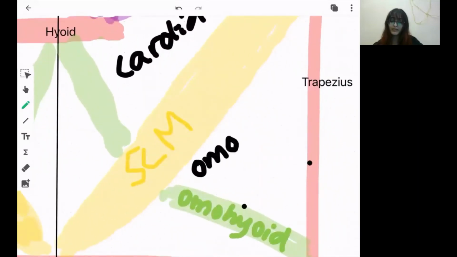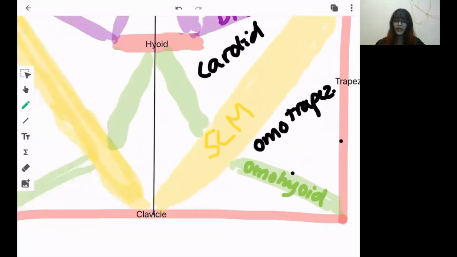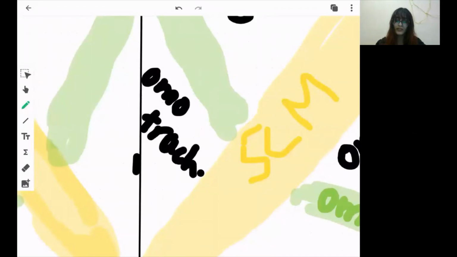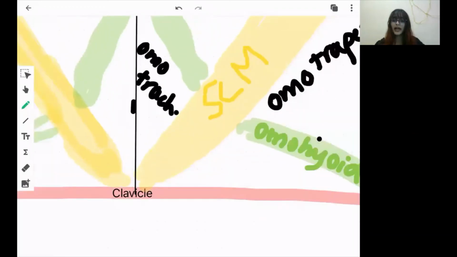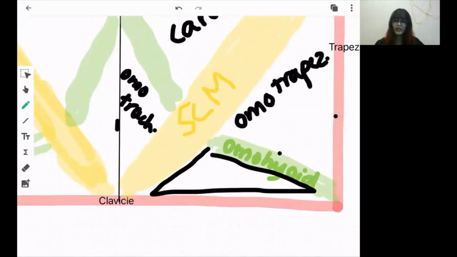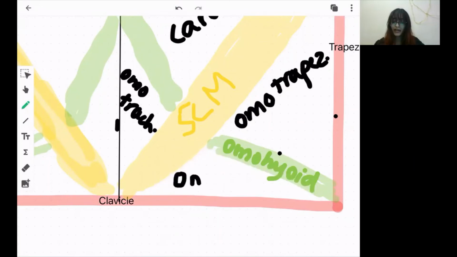Omotrapezoid triangle. With omohyoid muscle and the trachea, so here trachea is present, so we can take the midline structure, and this triangle will be what? Your omotracheal triangle. Next, omoclavicular triangle, clavicle and omohyoid muscle. So this triangle will be your omoclavicular triangle.